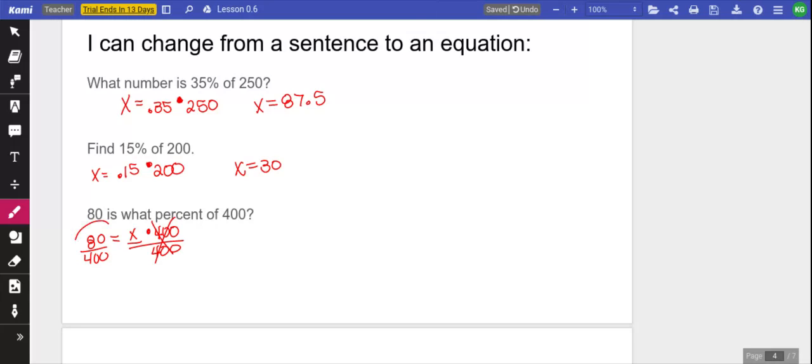This is how we put it into our calculator: 80 divided by 400, and that gives me 0.2. But I underlined it so that I remembered that I need to change it back into a percent. So if it's 0.2 and I move it 2 places to the right, that would be 20%.